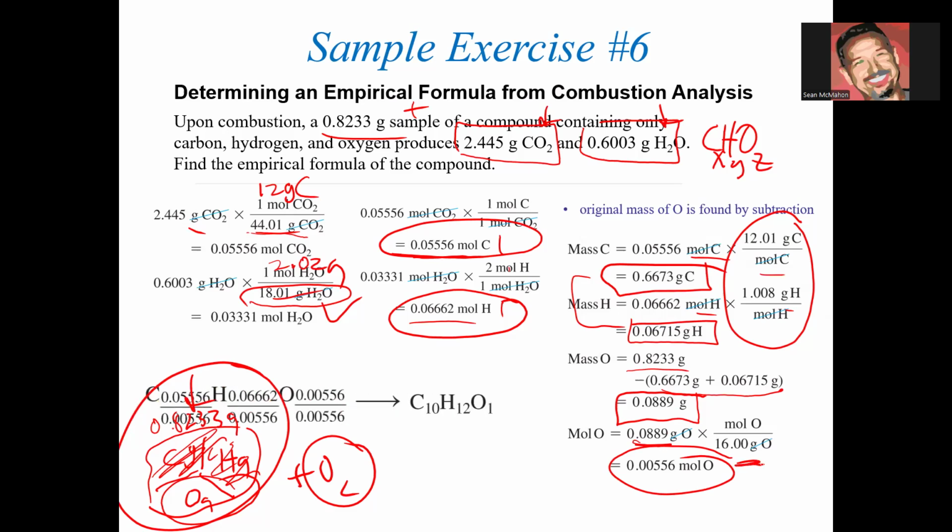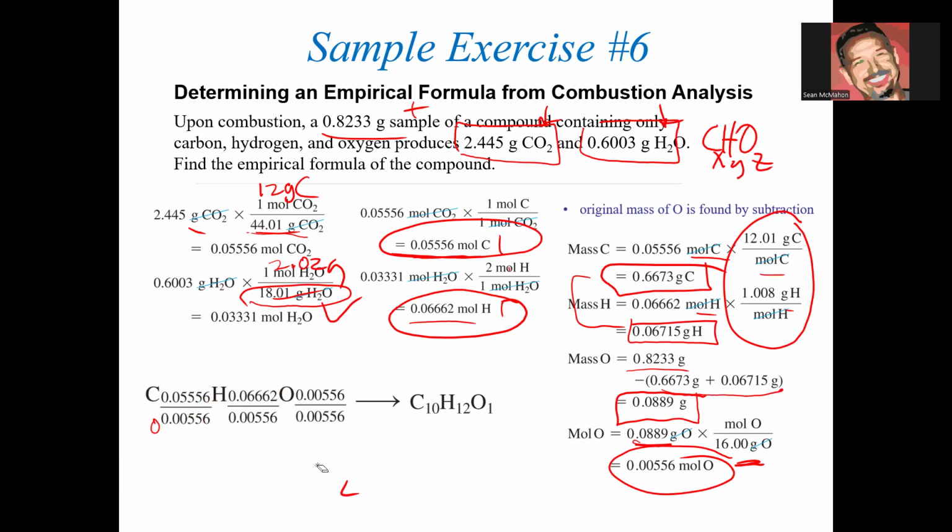Like we said before, you can't have these hideous numbers, okay? So I've got to pick the smallest number and divide it into all. Now, be careful. Right here, you can see there's only 1 zero after the decimal versus 2. So this is a smaller number by a factor of ten, even though they look similar in value.